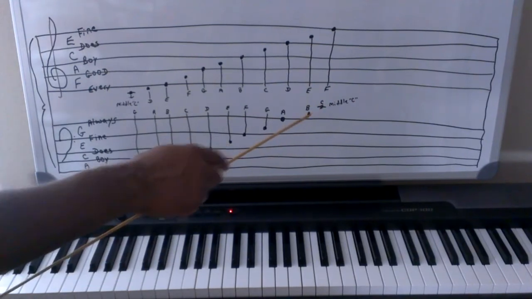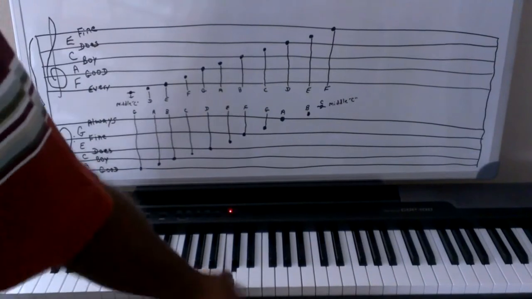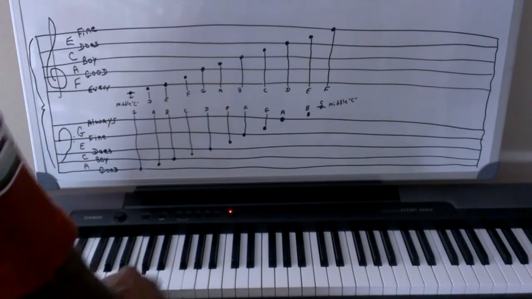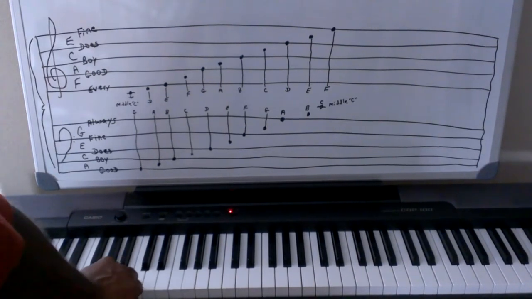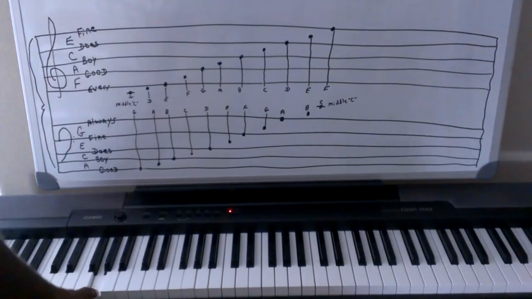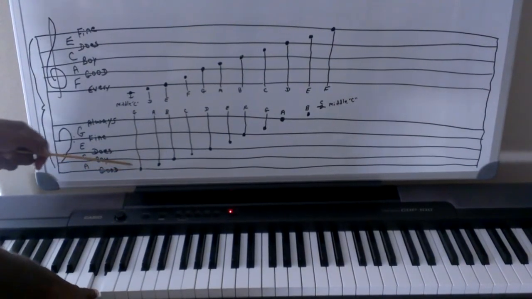So middle C, go one octave back to a C. Then you go one white note, two white notes, three white notes. That's G. So on that line there is G.